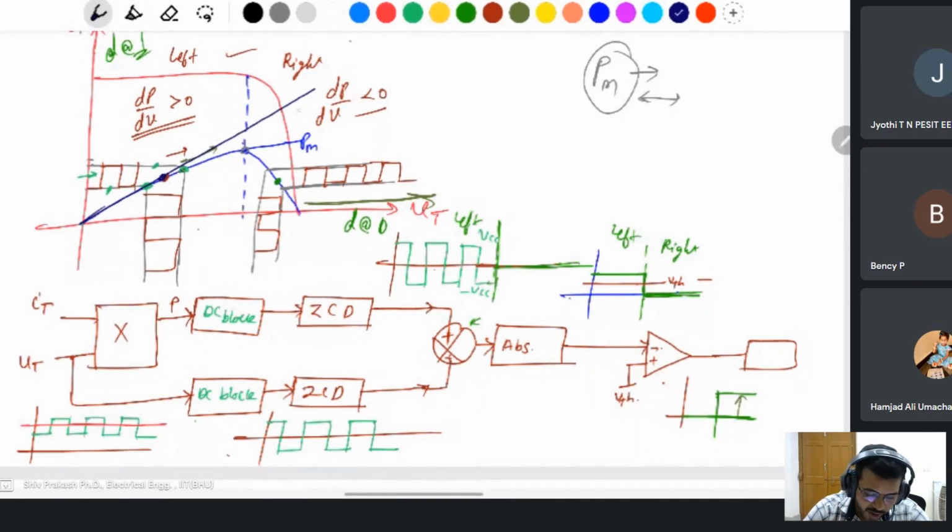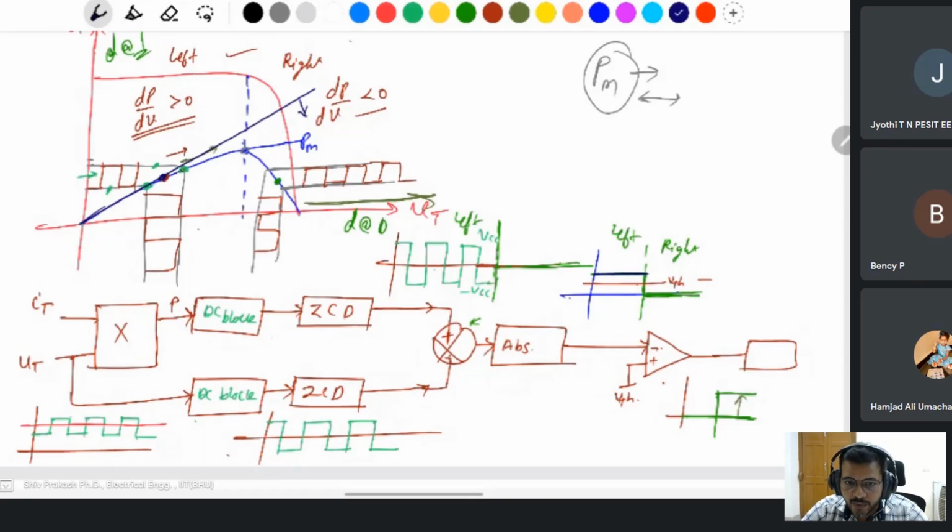Then the requirement is for the load line to go down. It means the duty cycle should be reduced at the left hand side. But your absolute value gives a higher value at the left hand side, and this higher value will increase the duty cycle.